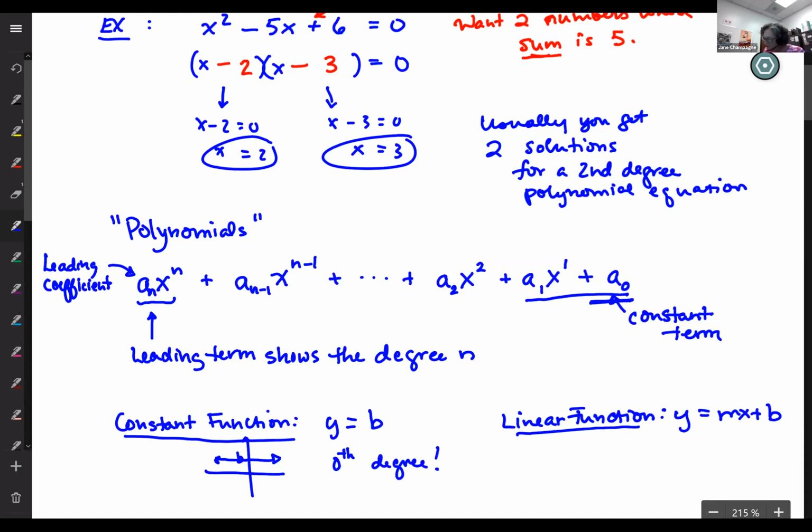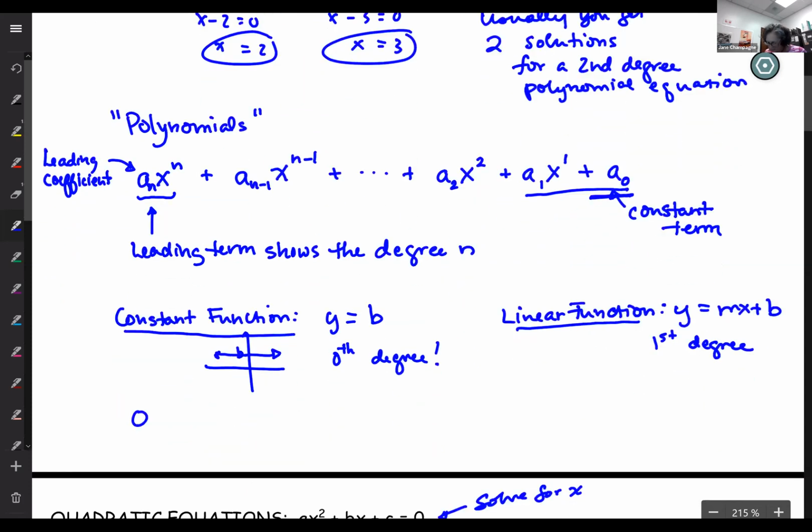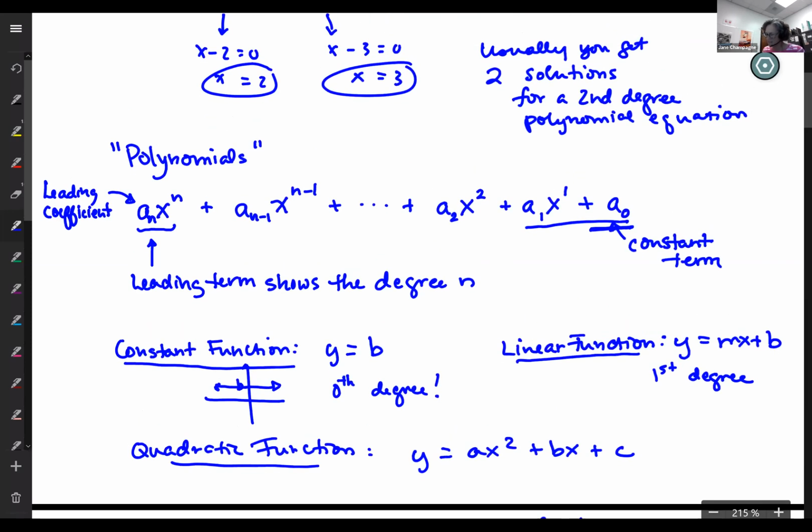The linear function just has the multiple of x and the constant. So that's first degree. And then quadratics are second degree. A quadratic function has the last 3 terms, right? y equals ax squared plus bx plus c. And we're going to look at some higher degree polynomials as well.